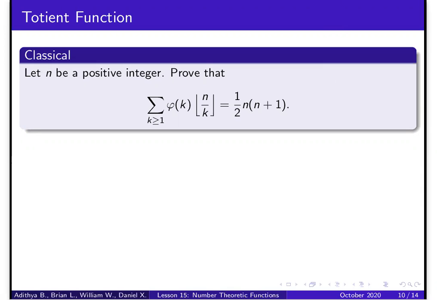Okay, so does anyone have any ideas for how we start this problem?